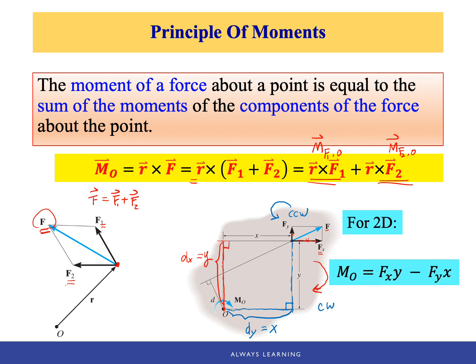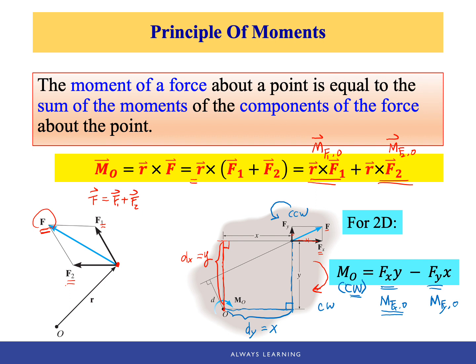Therefore, the resultant moment will be Fx times y, which is the moment of force Fx about point O, subtract, because they have opposite effect about point O, Fy times x, the moment of Fy about point O. And the result, since we are using the moment of Fx as the positive, means your final result needs to indicate this moment has clockwise rotation.